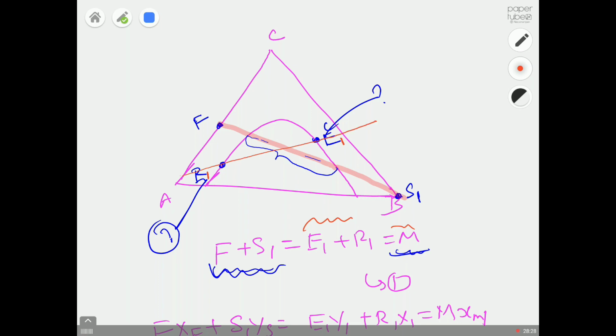So our M, our mixing point, should lie somewhere on this line, under the phase separation line. But since F plus S1 and E1 plus R1 are both equal to M, if you draw these lines, they should intersect at one common point. So that will be equal to M. So this is a graphical method. I think it's called the Hunter-Nash method.